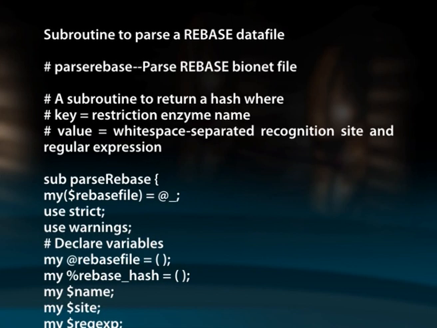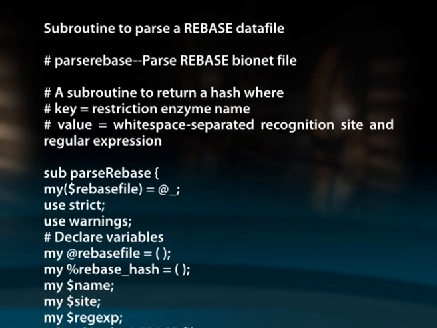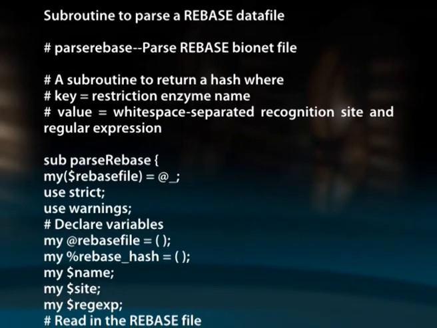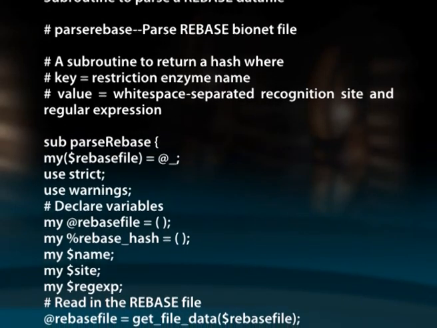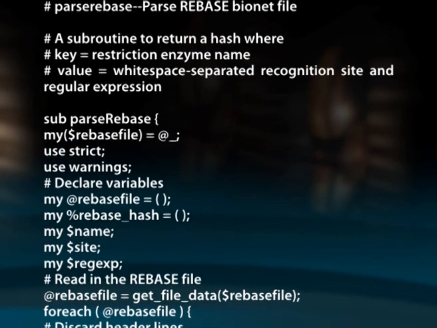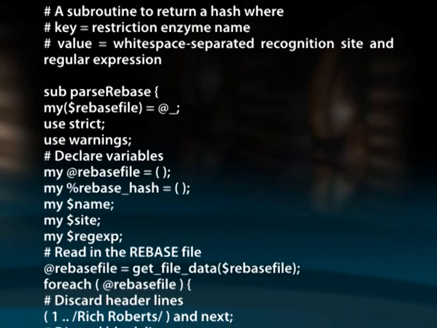Sub parse rebase, my $rebase file is initialized, then the variables rebase file and rebase hash are initialized, and name, site and regular expression are the other variables. Then we are reading the rebase file. Rebase file equals get file data of rebase file, where get file data is a subroutine we have used earlier.